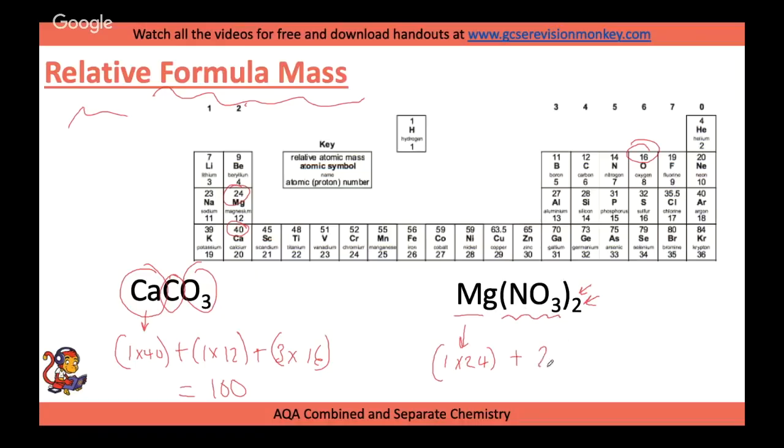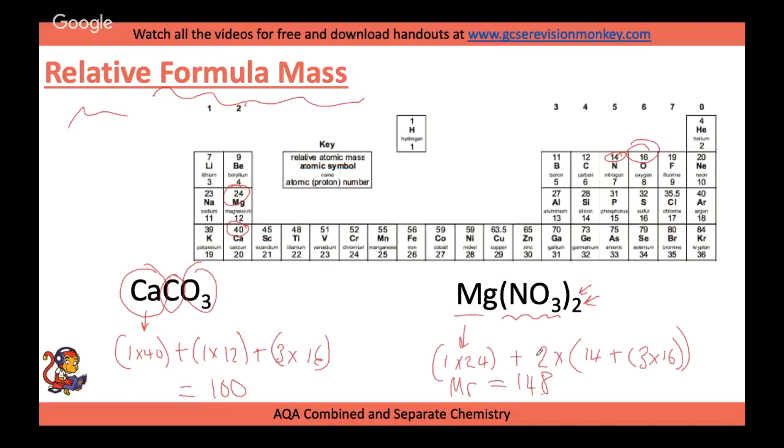So we need to add that to 2 lots of 14 for nitrogen, and then 3 lots of 16 for the oxygen. And if we do that, we will get a total relative formula mass of 148. And you may well see that written as Mr, relative formula mass.